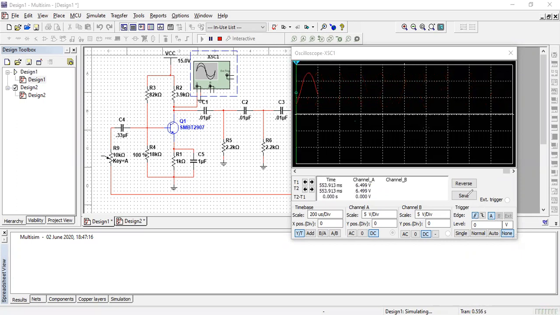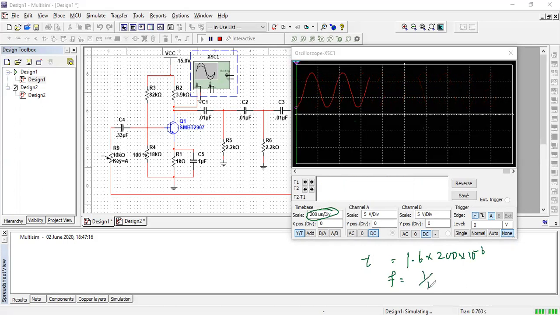If you stop the wave and see one time period, we are getting 1.6. What is the time period scale? It is 200 microseconds. So the time period is 1.6 into 200 microseconds, 10 to the power of minus 6.